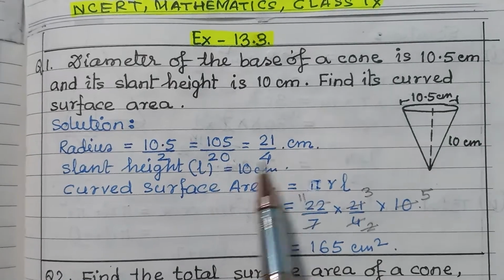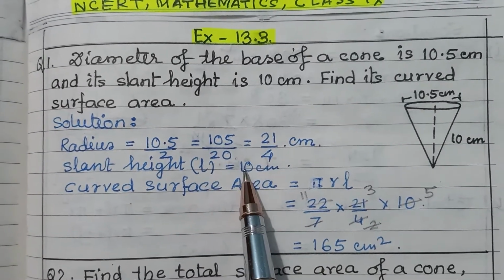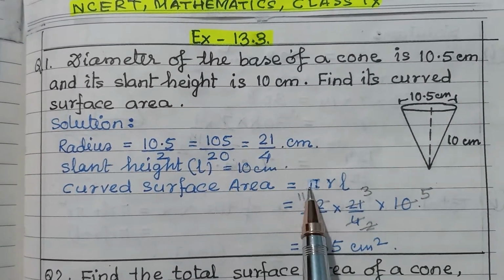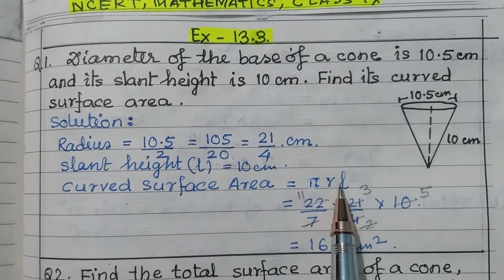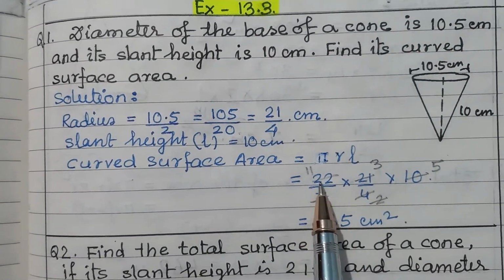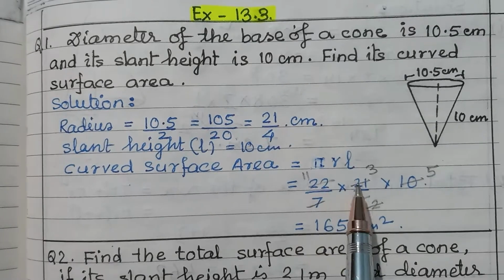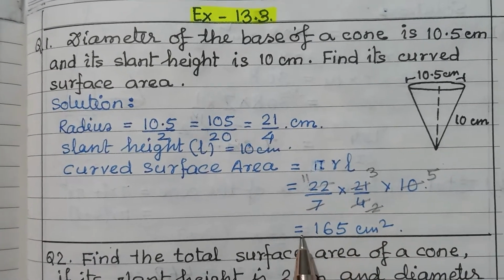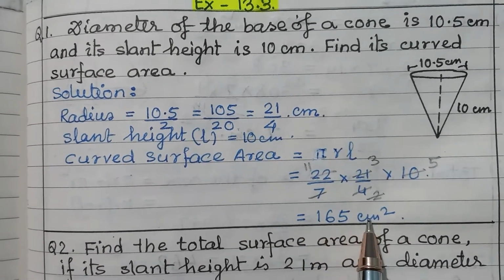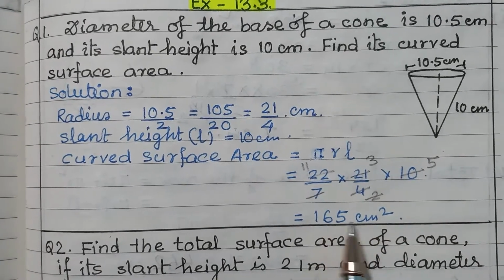The slant height is given, 10 centimeter. So pi RL, substituting the values, pi is 22 upon 7, times 21 upon 4, times 10. By calculating, it is 165 centimeter square. So the curved surface area is 165 centimeter square.